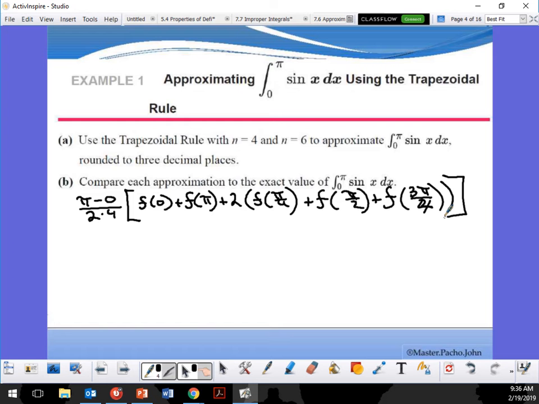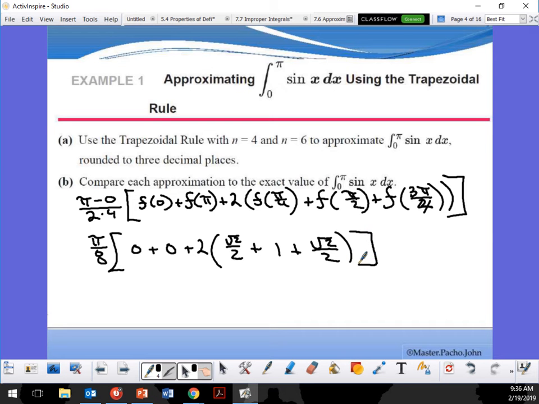So now let's do this. It's going to be pi over 8 times my function f of 0. So sine at 0 is 0, plus 0, plus 2 times f of pi over 4, root 2 over 2, plus 1 plus root 2 over 2. 2 root 2 over 2 is just root 2, times 2.